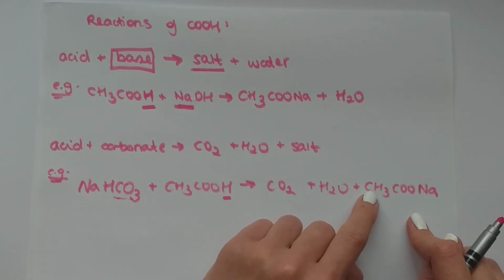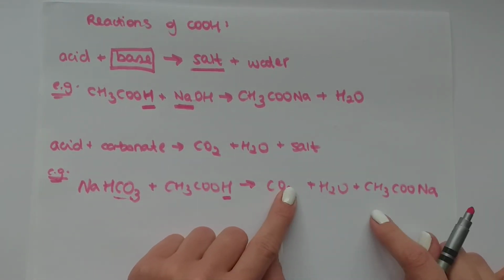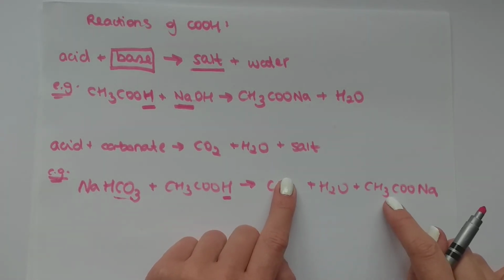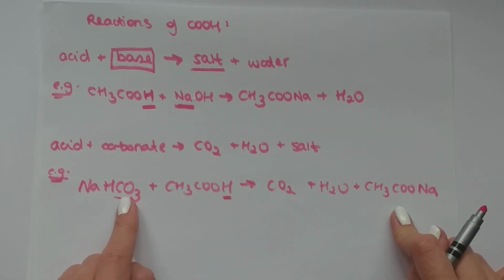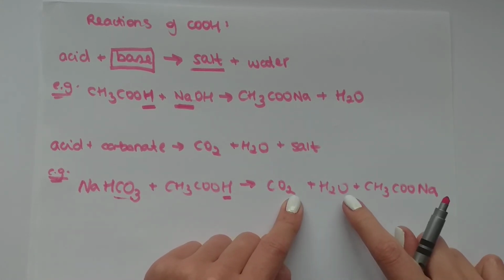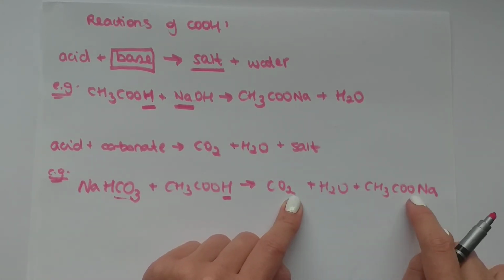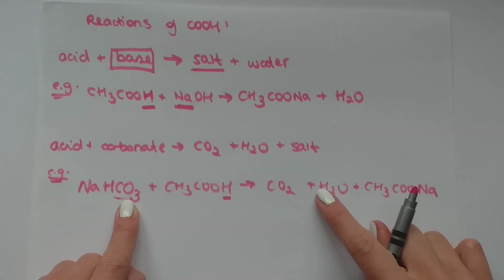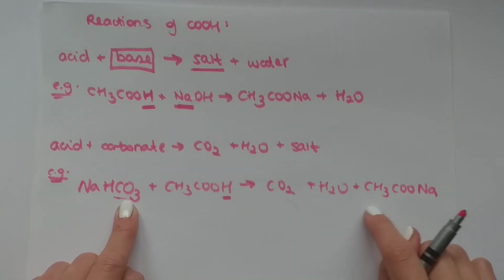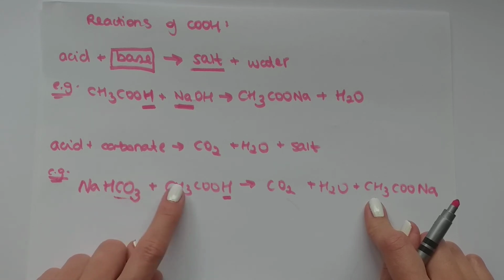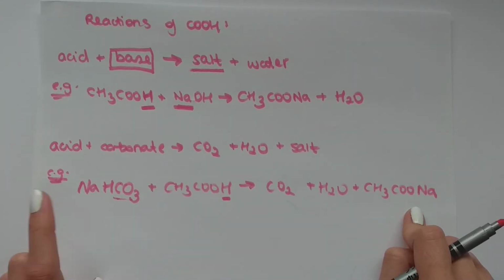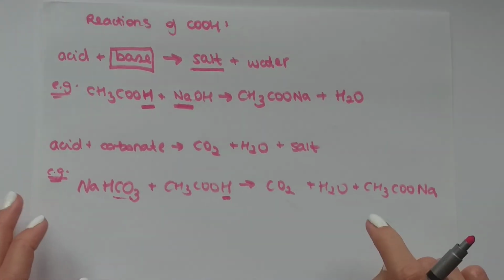So we have 2 carbons on this side, we have 3 carbons on this side. 1, 2, 3 carbons. We have 2, 3, 4, 5 oxygens. 1, 2, 3, 4, 5 oxygens. 2, 5 hydrogens. 1, 4, 5 hydrogens. 1 Na, 1 Na. All of this is balanced.